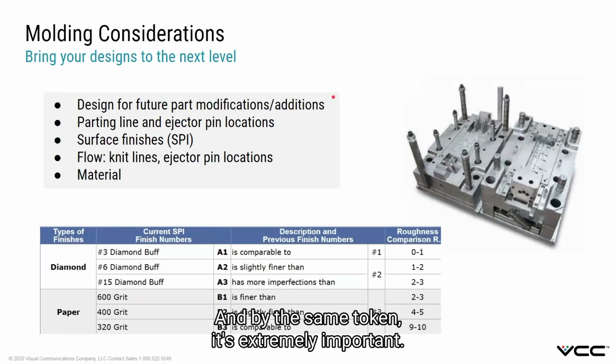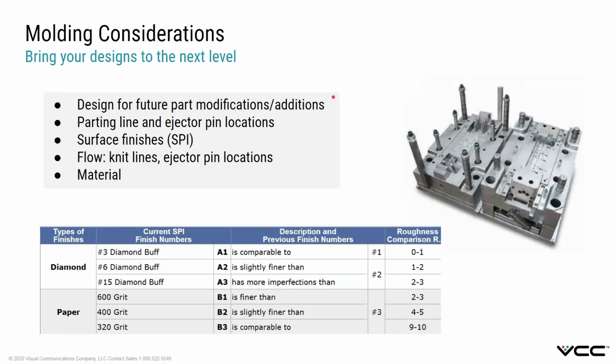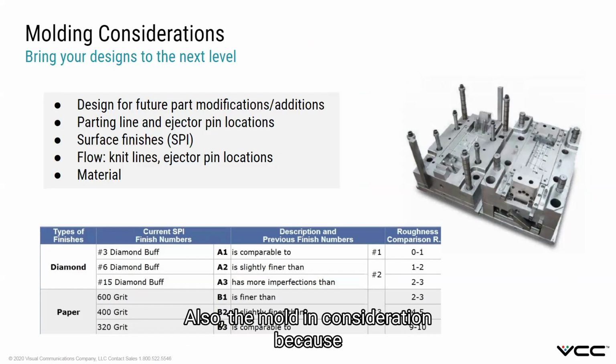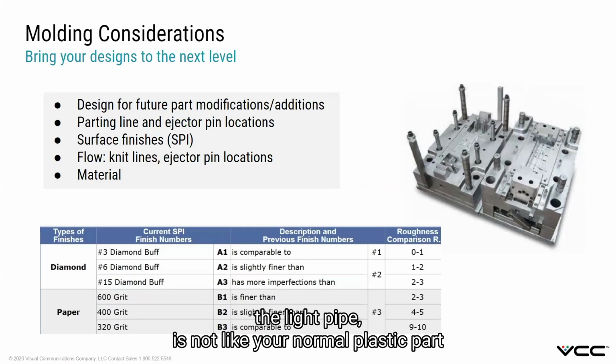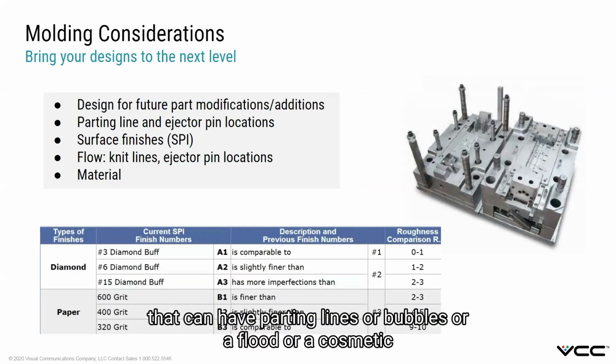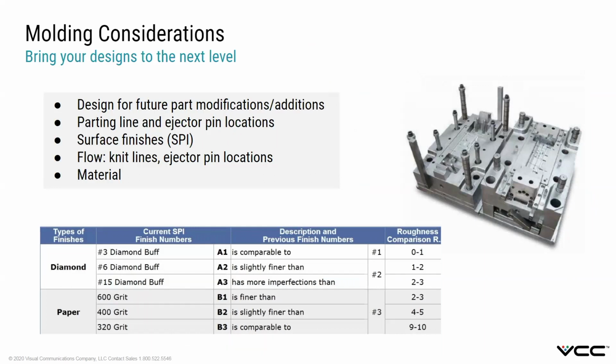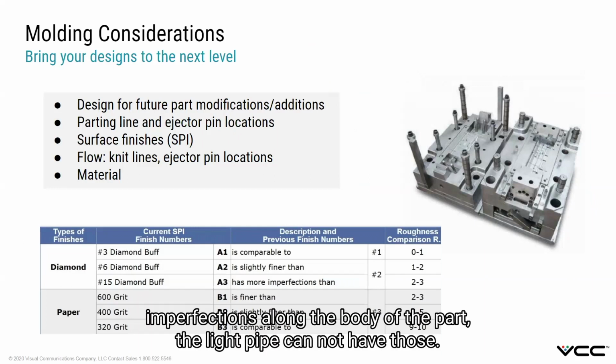And by the same token, the molding consideration is also extremely important, because the light pipe is not like your normal plastic part that can have parting lines, bubbles, or cosmetic imperfections along the body of the part.